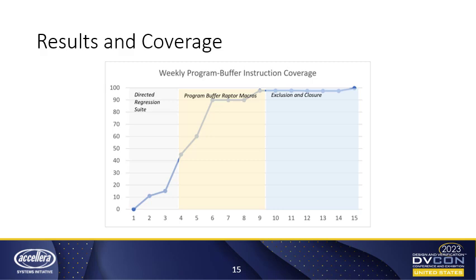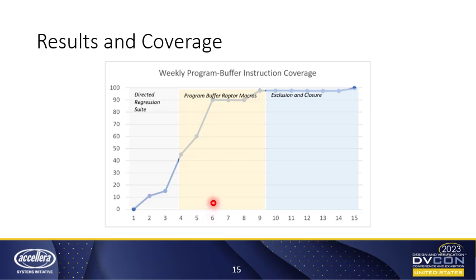Here is a diagram of the weekly program buffer instruction coverage. For the first 4 weeks, we primarily ran the directed regression suite and were able to achieve 35% coverage. The Raptor random test case generator tool was also being developed during this time frame.